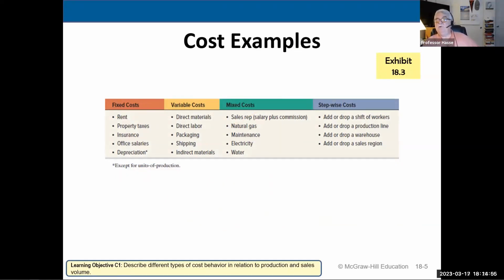We produce more, all those costs will go up. If we produce less, all those costs will go down. But fixed costs, rent, property taxes, insurance, office salaries, depreciation, they stay the same no matter how many we're producing. That's why companies really monitor their fixed costs because they can be a deal breaker to profitability.